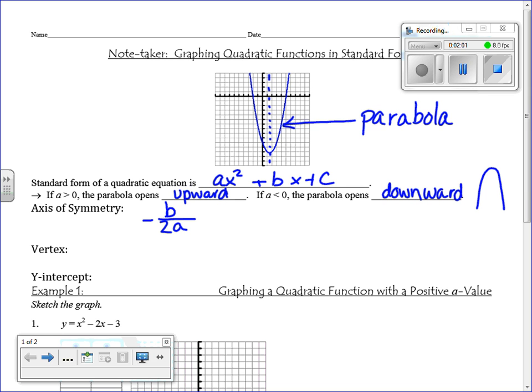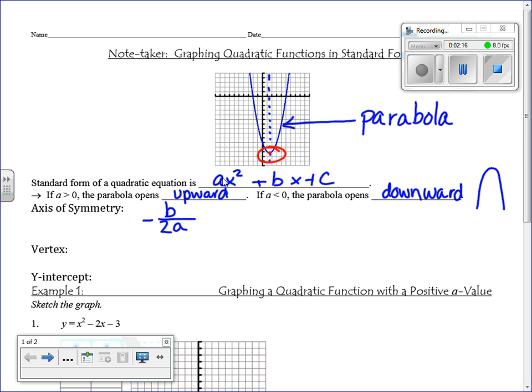Our vertex is the point at which our parabola begins, basically where it goes both ways.